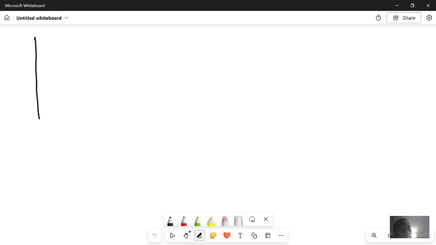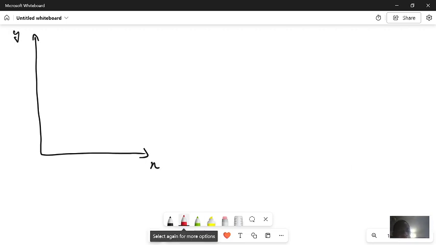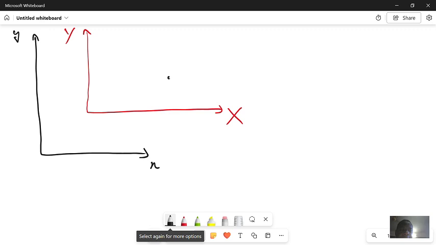This plane is going to be x, y, and I have another plane here, which is going to be capital X, capital Y. Now if I have a point P here, this point P will have a coordinate in the old plane.